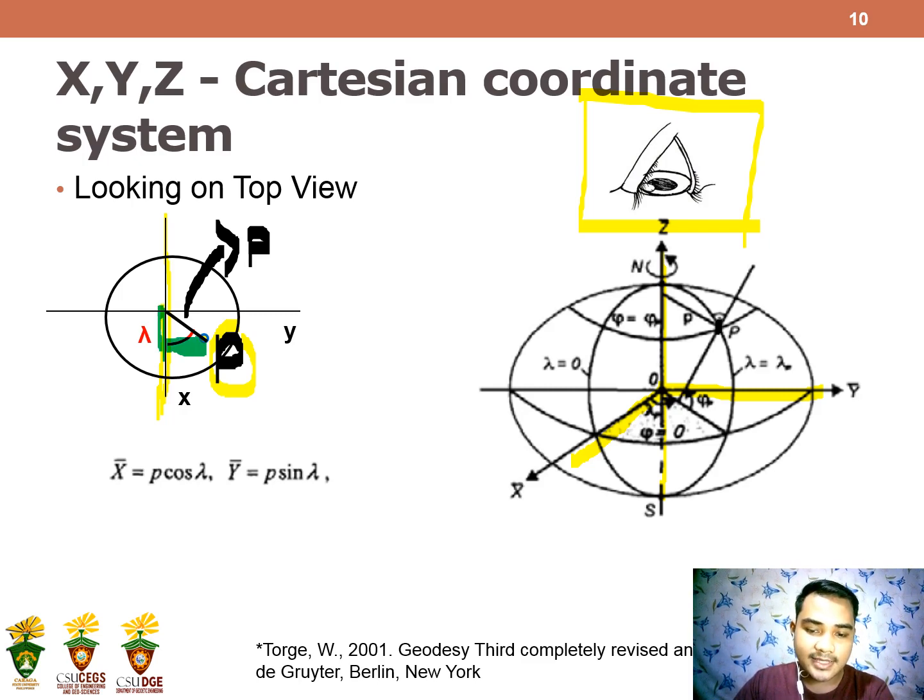Therefore, we can say that the x-axis is just the radius of the parallel times cosine longitude, and the y-axis is the radius of the parallel, or p, times sine longitude. And to get the radius of the parallel, denoted as a small letter p, that is equal to the square root of x squared plus y squared.